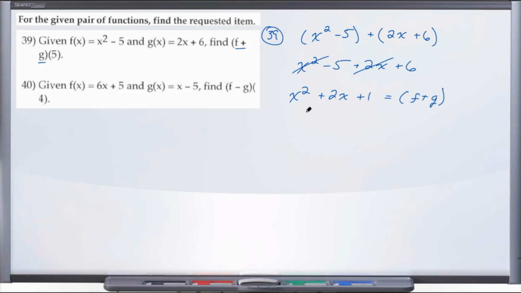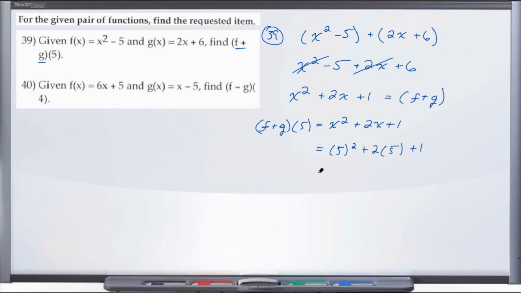Now they want us to find what this is evaluated at when we plug in a 5. So let's go ahead and find what f plus g of 5 is with this new expression: x squared plus 2x plus 1. Well, now we're going to plug in a 5 anywhere we see that x. So 5 squared plus 2 times 5 plus 1.